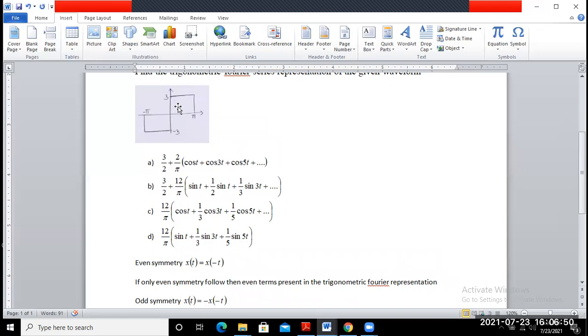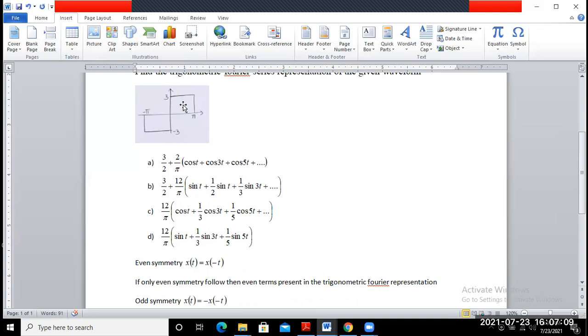For the positive half time period, y(t) is 3, and for the other half cycle, it is minus 3. So the width of y(t) is the same.